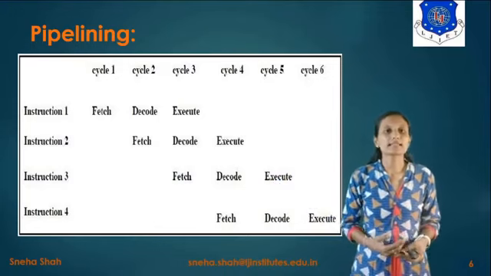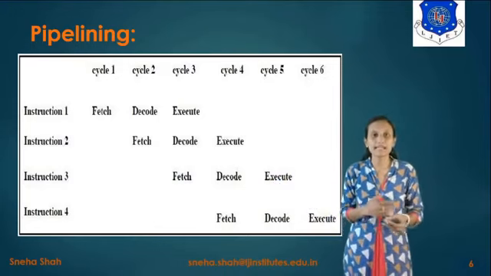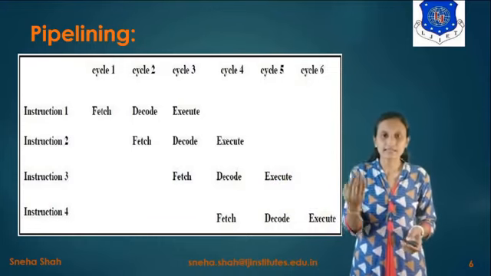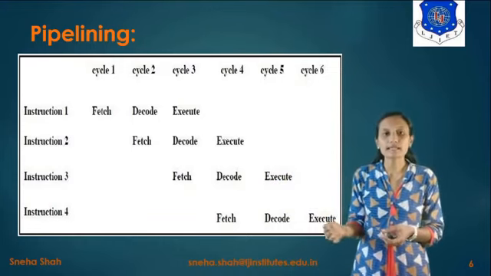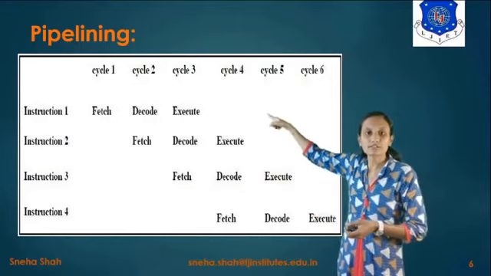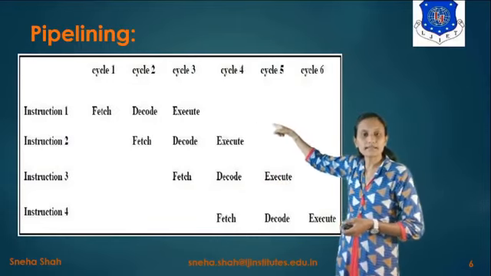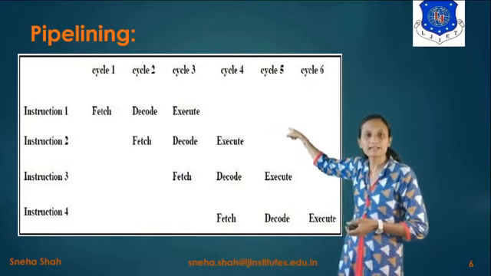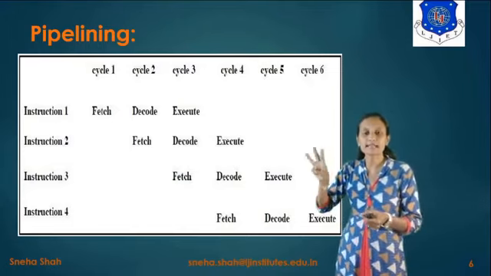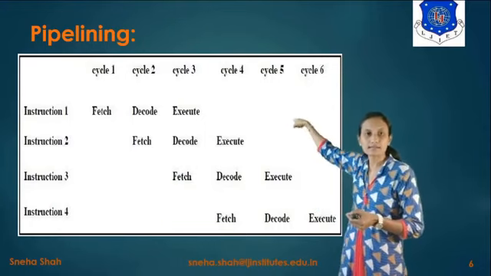Suppose we are taking any one cycle. First of all, in any process of this architecture, we are fetching the data, then we will be decoding the data, and at last we will be executing the data, right? So there will be three different cycles for any one instruction.